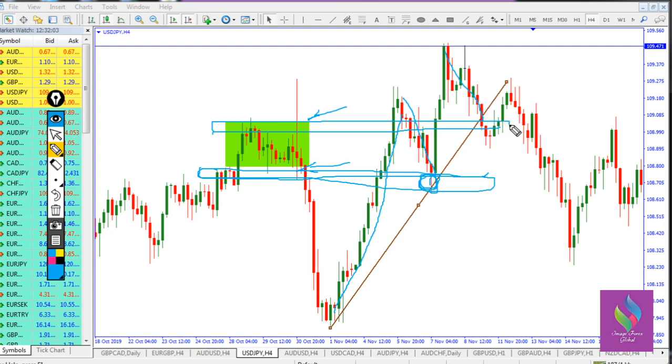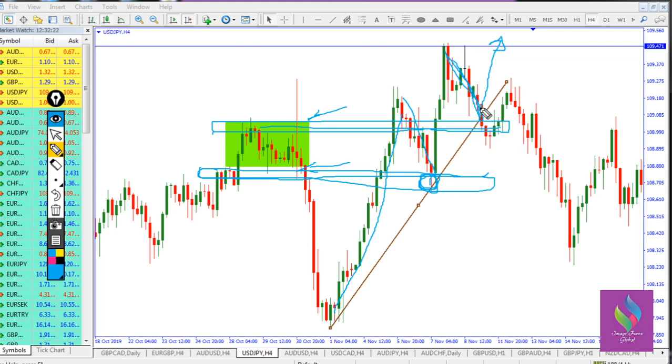If price comes and sits on our support right into this area, we want price to continue to head back up, right? So this is going to be our region of entry.